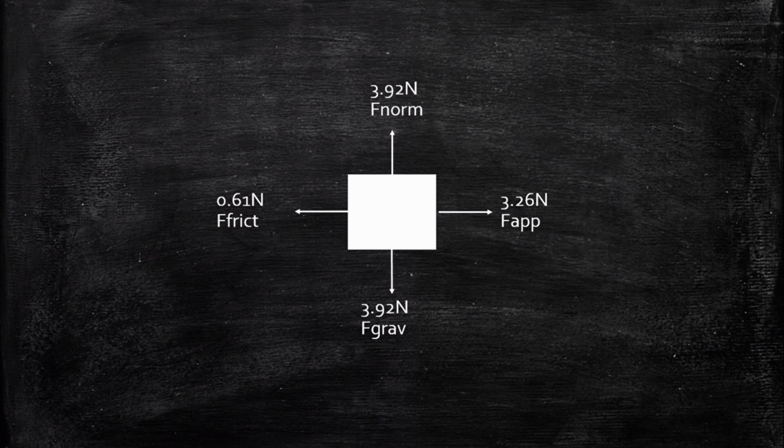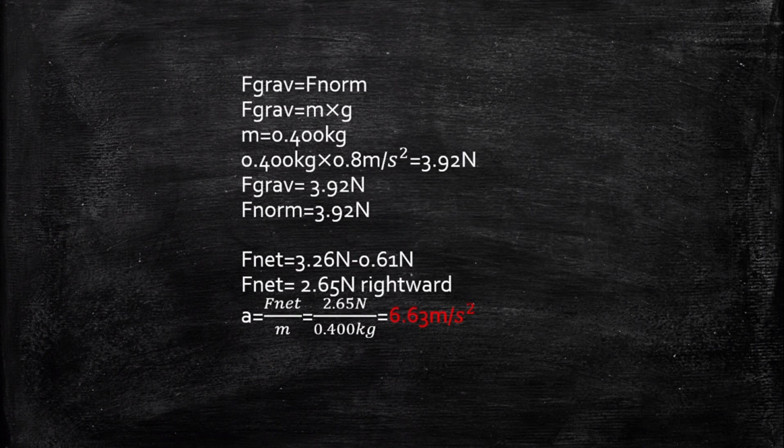And hanapin naman natin ang ating Fnet. Ang Fnet is applied force minus friction force. Ang applied force is 3.26 newtons minus friction force 0.61 newtons, and ang ating net force is 2.65 newtons rightward.